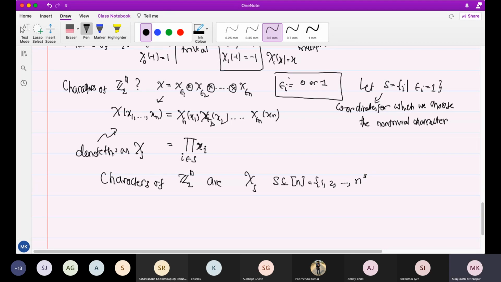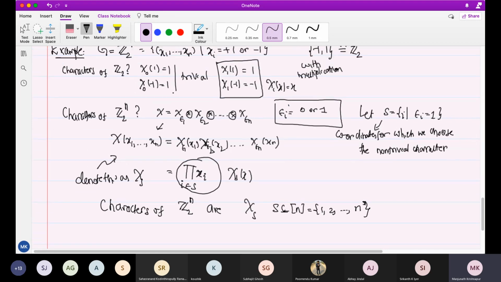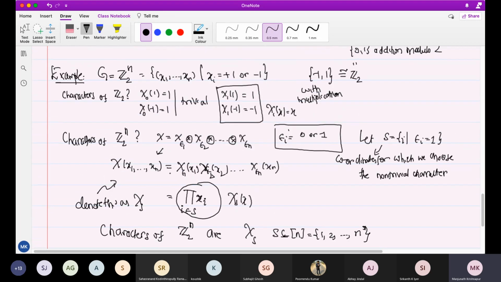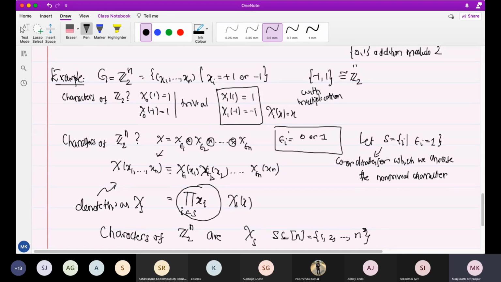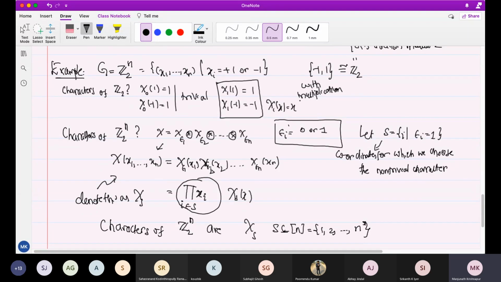So we can index the characters by subsets, and chi S of x is just the product of xi over i in S. Don't use this notation when you take 0, 1; it is for minus 1, 1. So these are the characters of Z2 to the n.